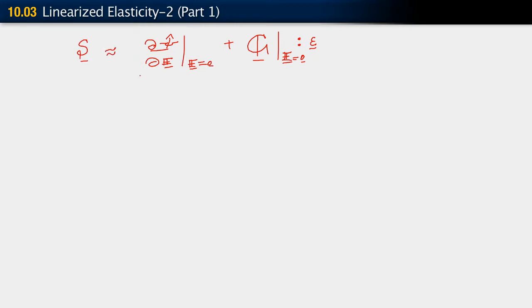Now, for brevity, I'm going to write this as S naught. Our residual stress is S naught, and this I'm going to write as C naught contracted with E, contracted with epsilon. Okay? All right, so this is what we have.